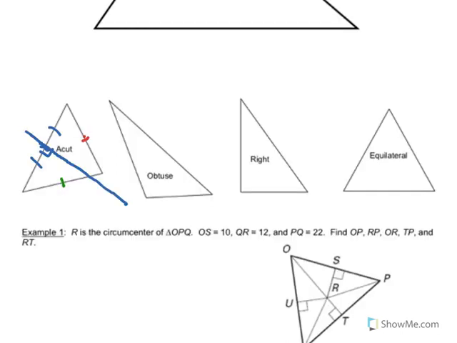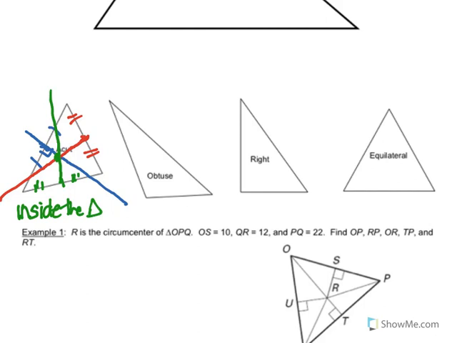Oopsie. And so those are congruent. And then finally, this one here. And there's our circumcenter. So on an acute triangle, the circumcenter is inside the triangle.